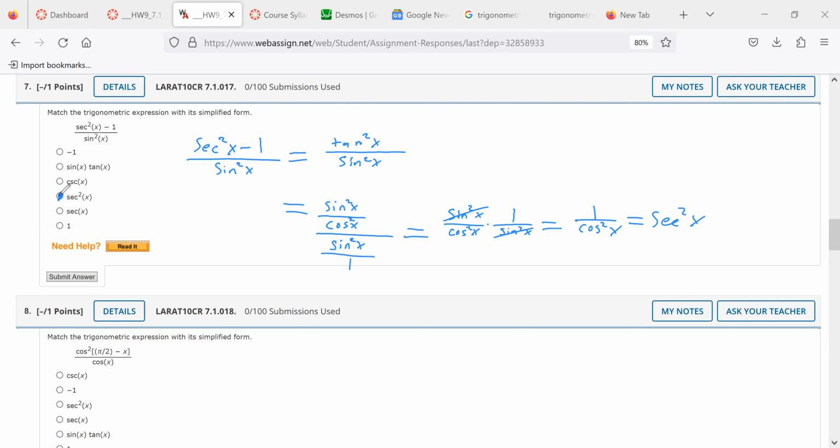I could have changed the sine squared into something different. I could have multiplied the top and bottom by something that could make it easier or maybe make it worse. So just try different things. If it starts getting ridiculous, then you probably chose the wrong path.